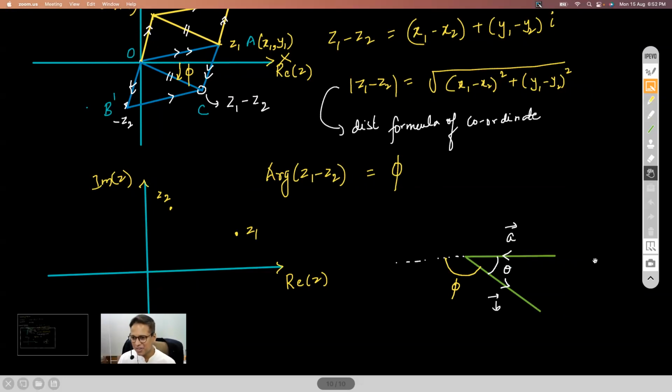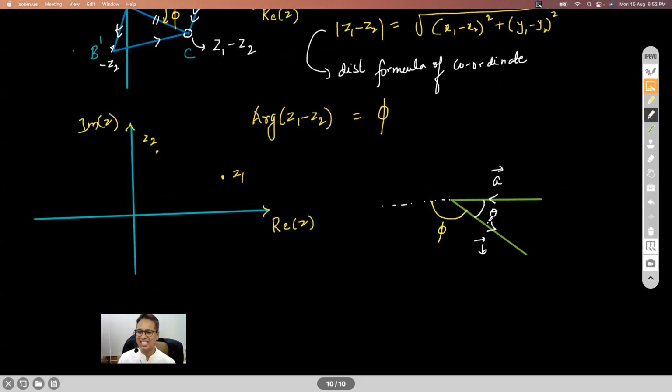In fact, all of you are right. Phi is the answer here, not theta. Right? Why? Because when we find the angle between the two vectors, the two vectors must be connected tail to tail. Right? So one will be like this, other will be like this, and this is the angle that I will be getting. So that is your phi only.